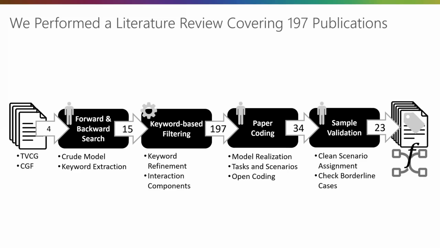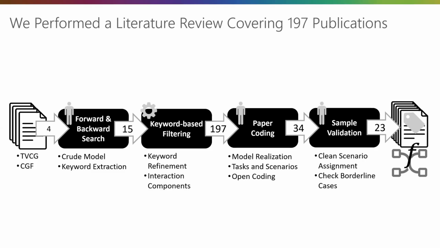Then we had 15 of those publications, but we wanted to make sure that we really cover all approaches that are out there following this paradigm. And just to make sure that we got everything, we performed a keyword-based filtering where we looked in an automatic way through our publication database, where we got then 197 publications.